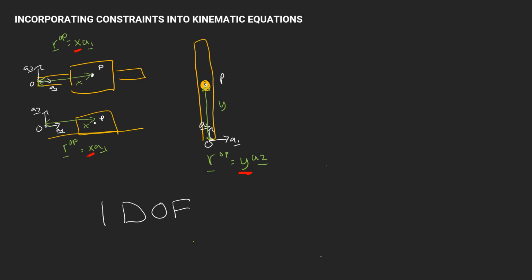But what you're actually doing when you're writing this equation here, maybe this is the long way, is you could write r^OP is equal to x a1 plus y a2, and then you add your constraint equation, which is that y, in this case, is equal to 0, which leads you to the position vector that you originally wrote, x a1.